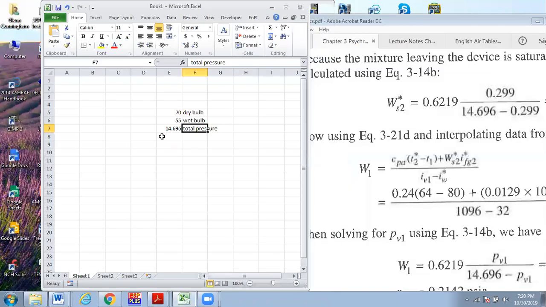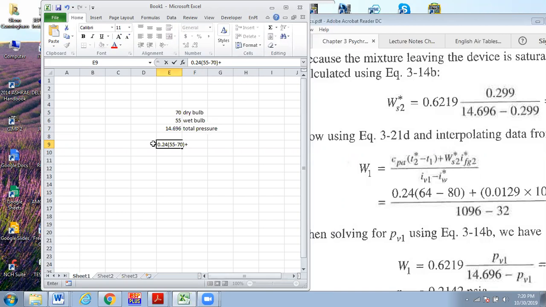All right, so let's say we're going to program this thing. So CPA is what, 0.24? Okay. And if we have a dry bulb and wet bulb, then this would be what, 55 minus 70, close. And this will be plus.